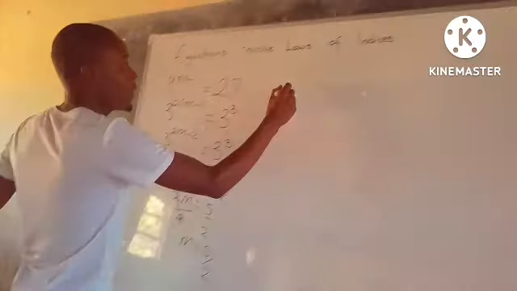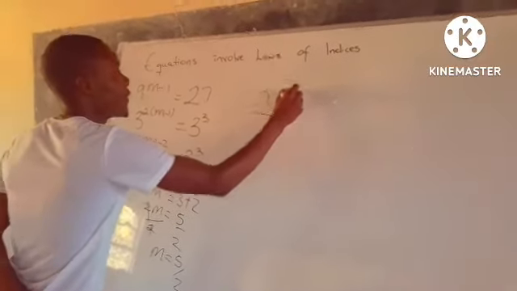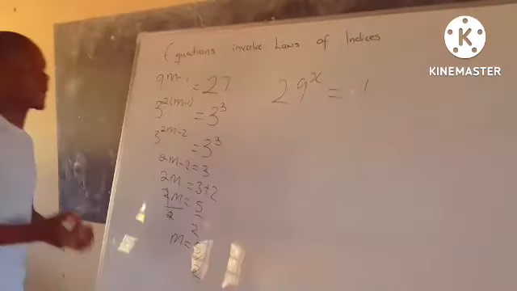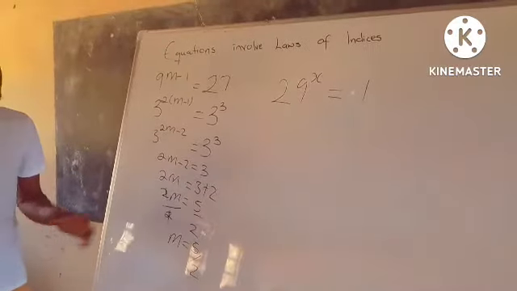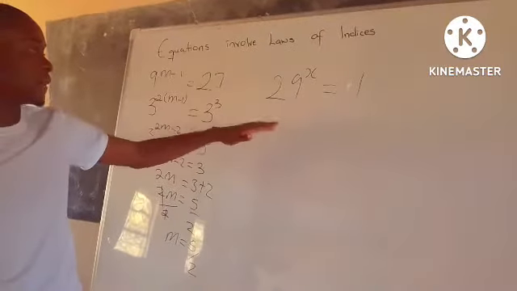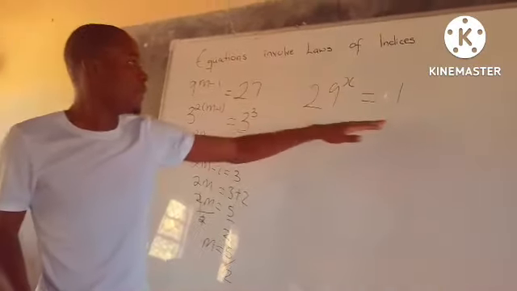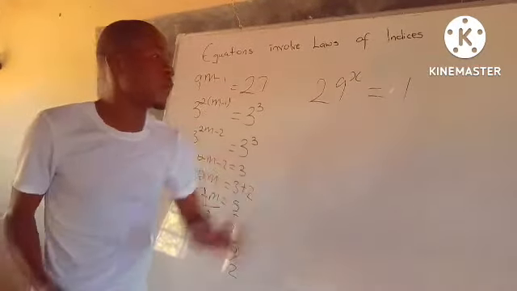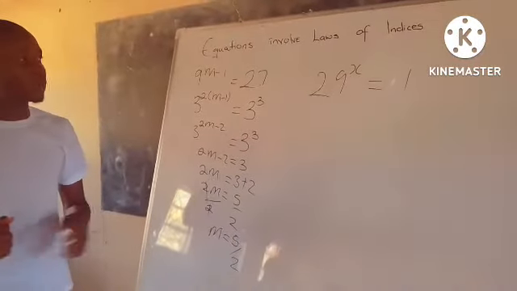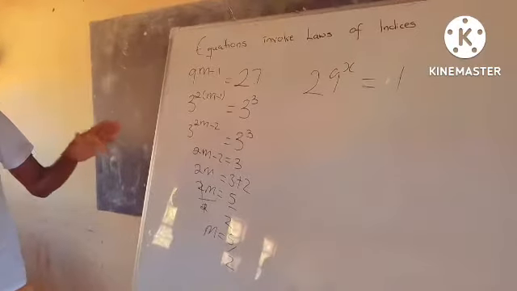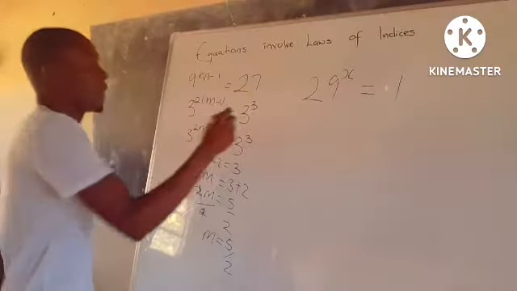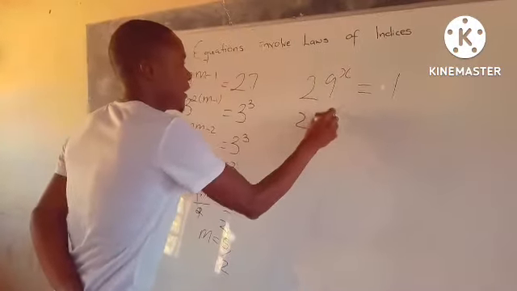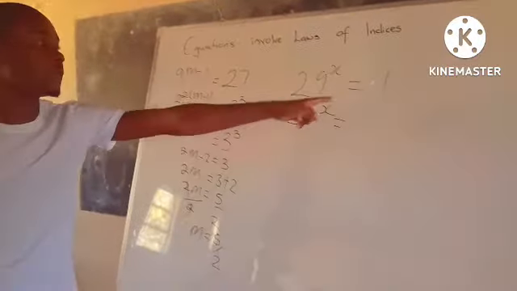And another example is 29 to the power of x is equal to 1. You need to understand, guys, how you can make the same base here, 29 and 1. You need to know to apply the third law. The third law says that any number to the power of 0 is equal to 1.